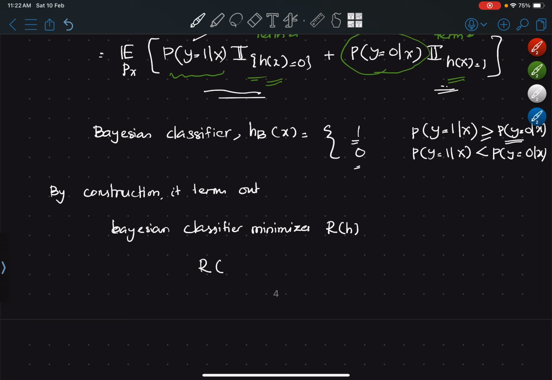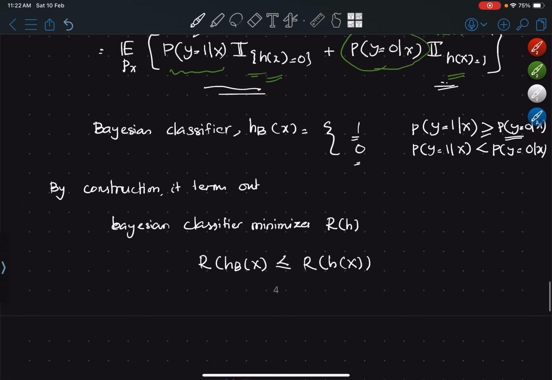R of h Bayes of x is always less than or equal to R of any possible hypothesis. Hope this is clear.